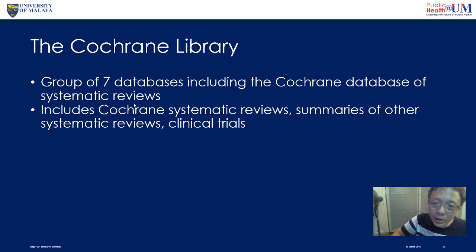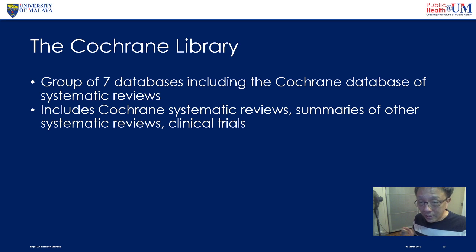So, the Cochrane Library. Cochrane is a systematic review library. It stores both Cochrane systematic reviews and systematic reviews from other journals. There are 7 databases in the Cochrane Library, including Cochrane systematic reviews, summaries of other systematic reviews, and clinical trials. You can search the Cochrane Library if you want to do an intervention study.